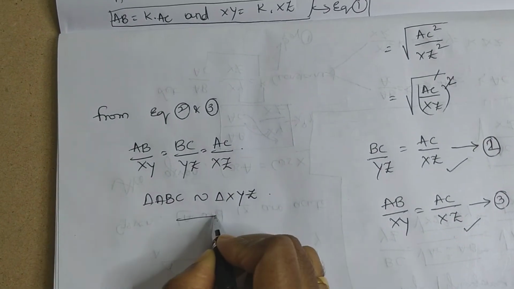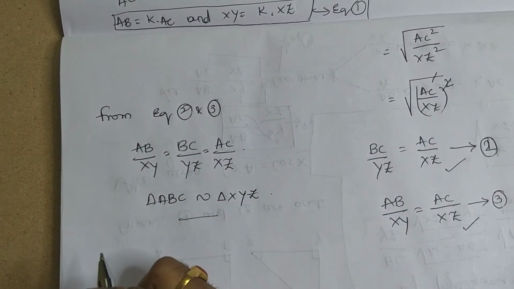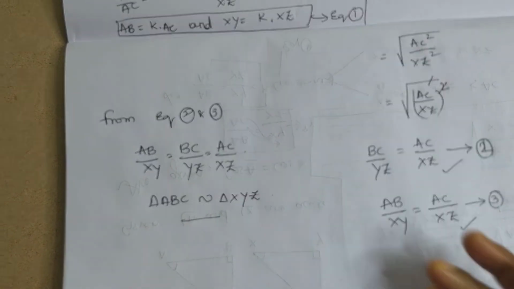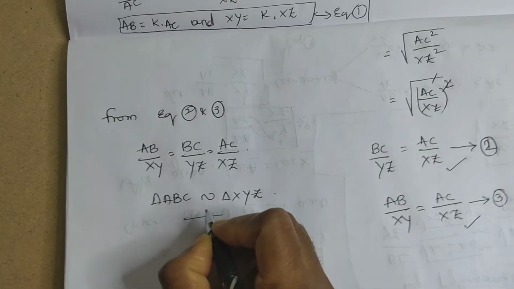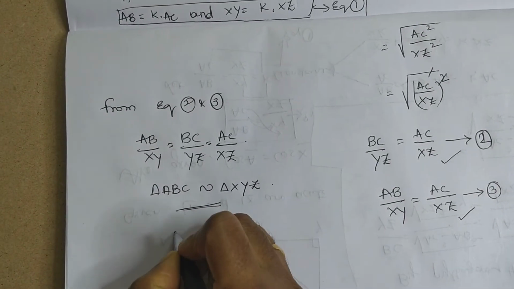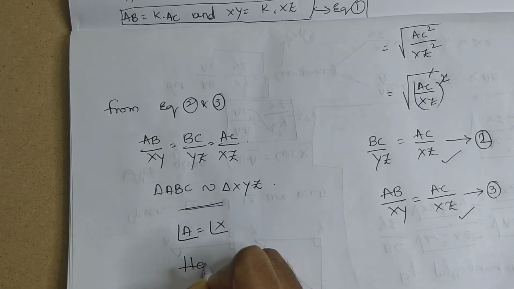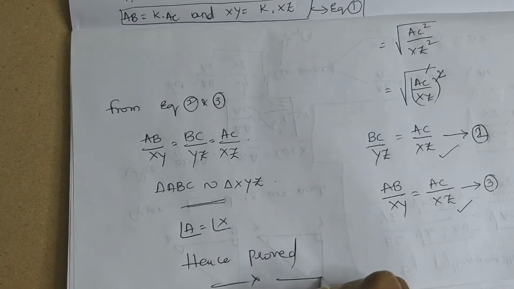So this process, all we did, was to prove that these two triangles are similar to each other. If the two triangles are similar, it means what? It means that their sides are proportional and their corresponding angles are equal. So from this we can write that angle A equals angle X. So this is what needs to be proved, right? Hence proved. As simple as that.